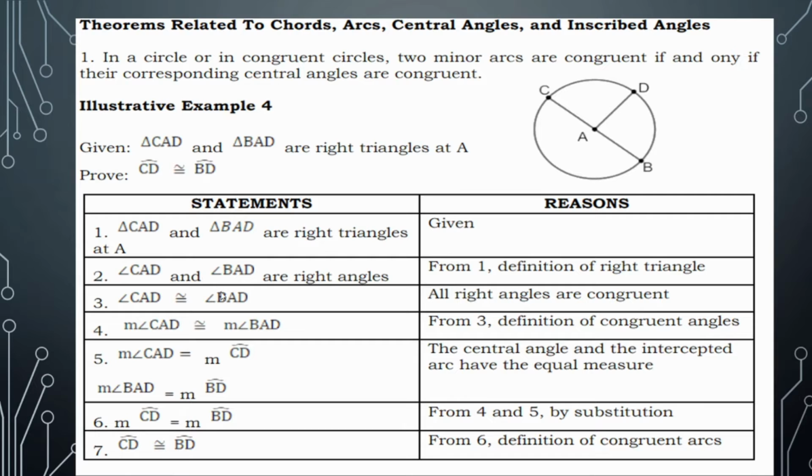Then all right angles are said to be congruent, and then we have the definition of congruent angles. So the central angle and the intercepted arc have the equal measure. So if angle CAD is equal to angle BAD, therefore the intercepted arc CD is congruent to arc BD as well.